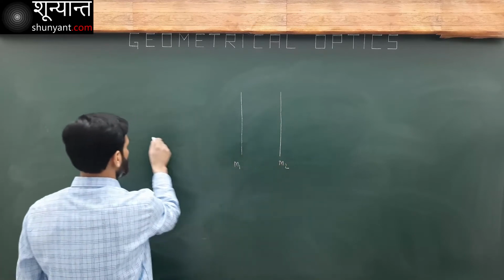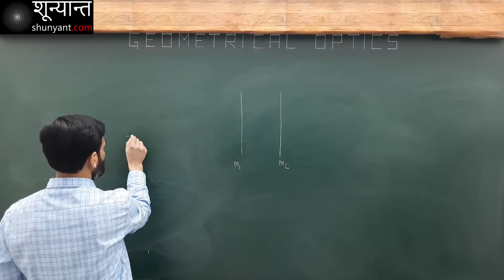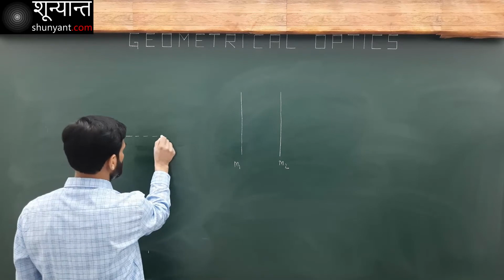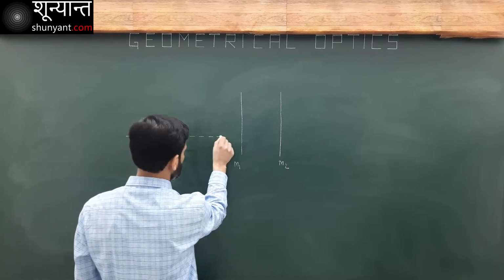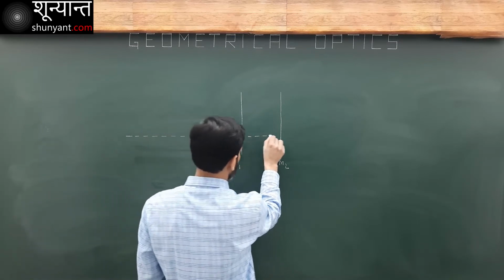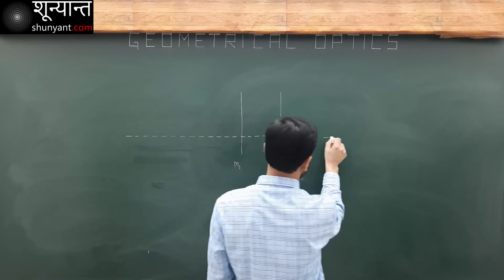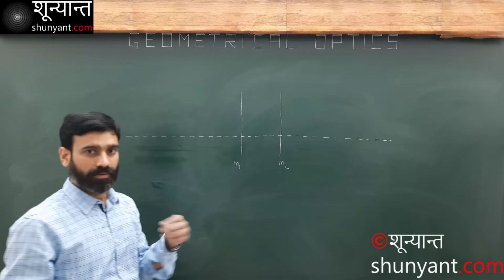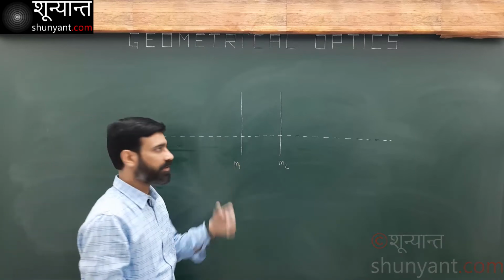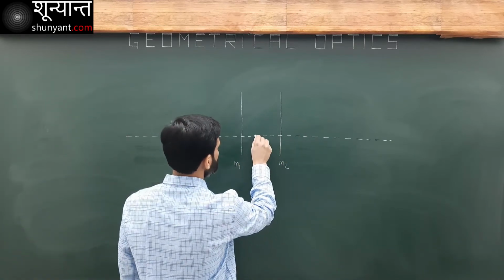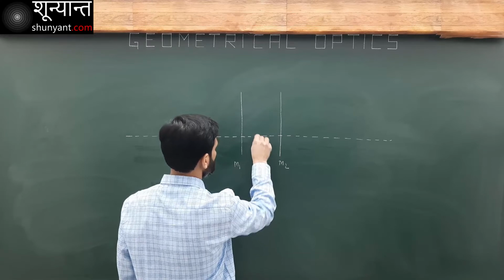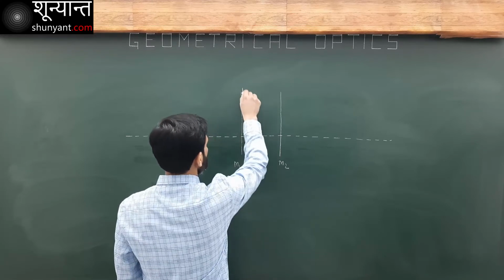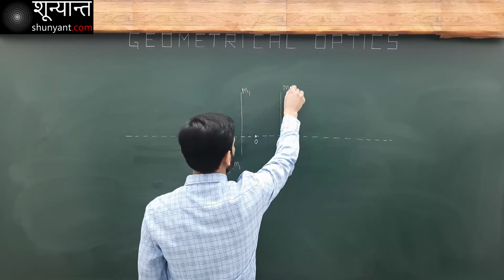We just discussed that all the images are going to be on this line, which is the common normal from the object. It's pretty much simple. The moment you draw and locate all the images, you immediately get the answer. Here is my object. Let me write M1 here and M2 here.